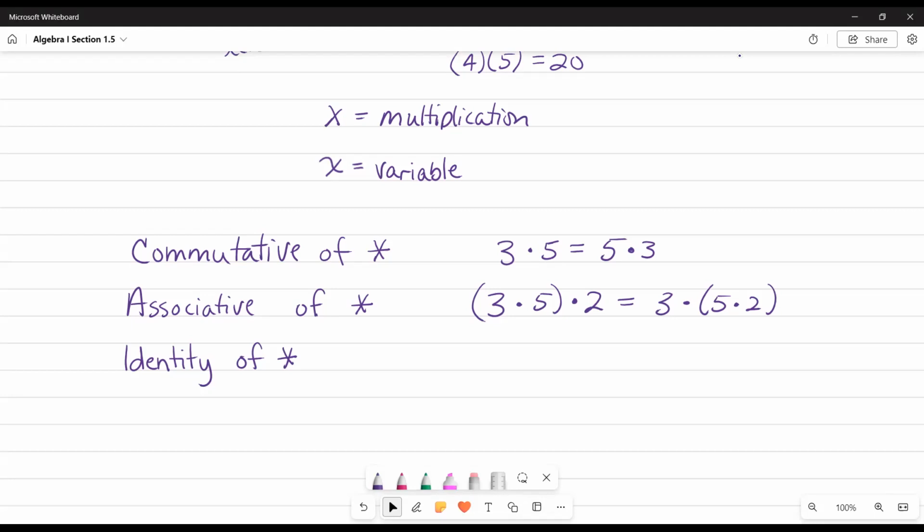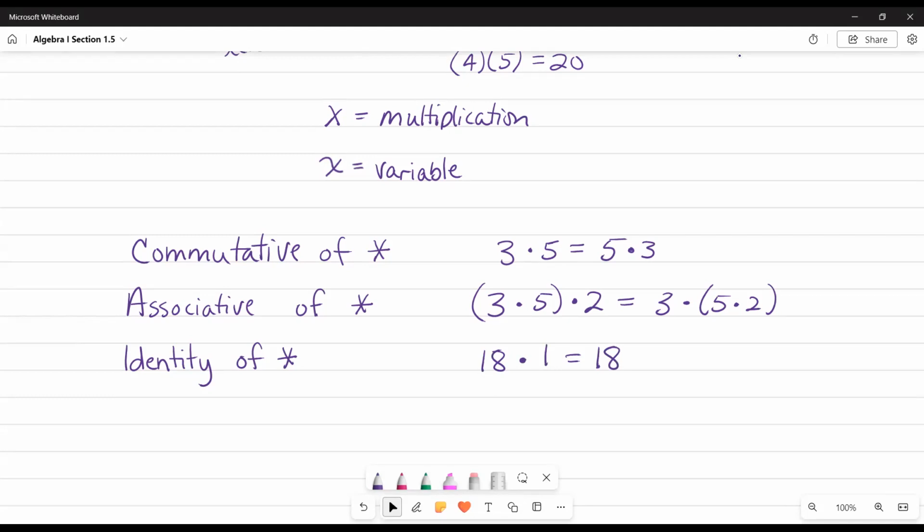But what is any number times 0? 0. That's a totally different property in multiplication. So what can we multiply? Any number, I'll pick 18, times 1 is just 18. So be careful there.